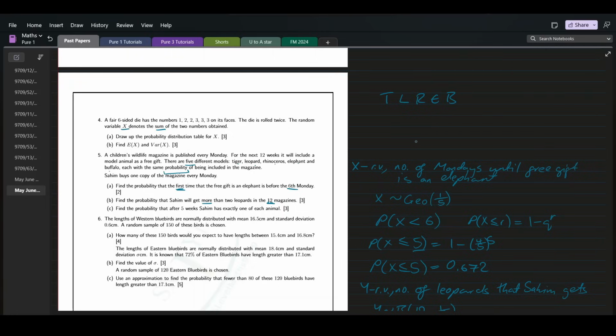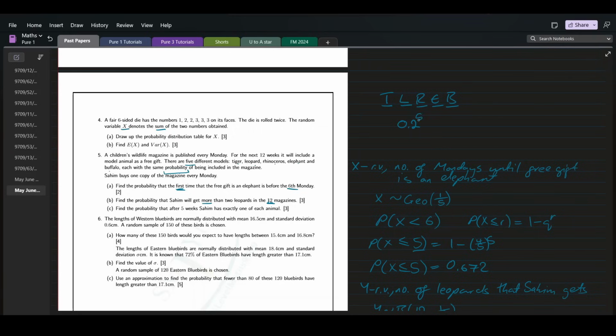And we're saying after 5 weeks, we want him to get exactly one of each animal. So the probability of getting, let's say he gets a tiger in the first week, there's a probability of 1 in 5 or 0.2. And then to get a leopard next week, that will also be 0.2. To get a rhino next week is 0.2, elephant 0.2, buffalo 0.2.